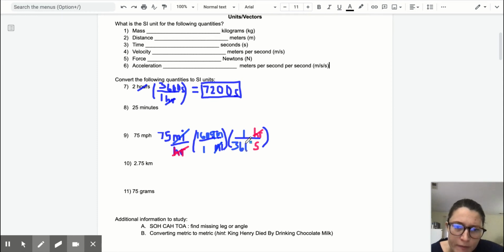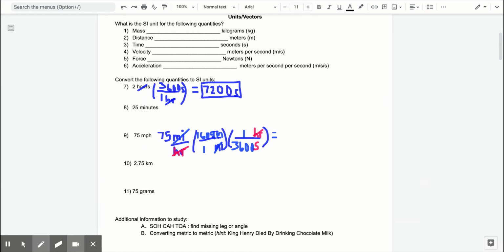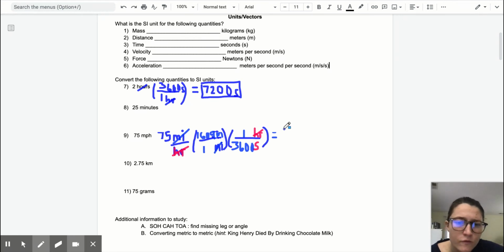It's a popular conversion. So we're going to multiply straight across. We have 75 times 1,609. Enter in your calculator. Divide that answer by 3,600, and we will get 33.5 meters per second.